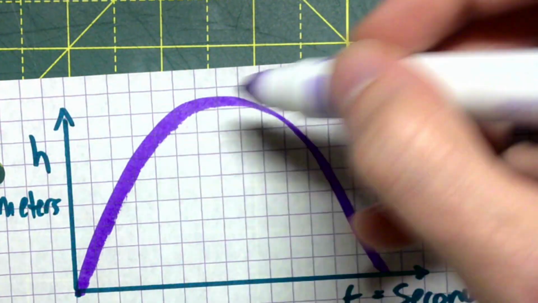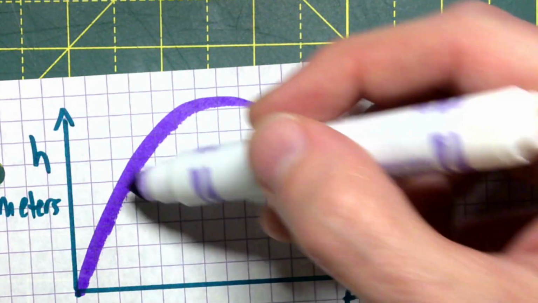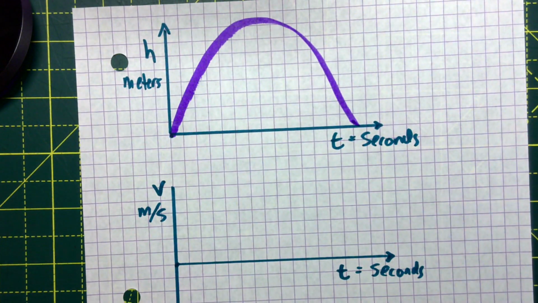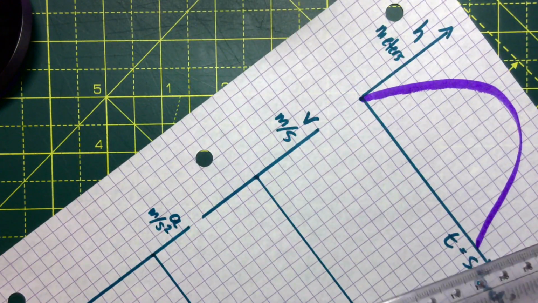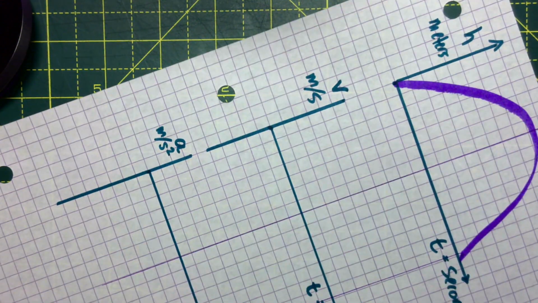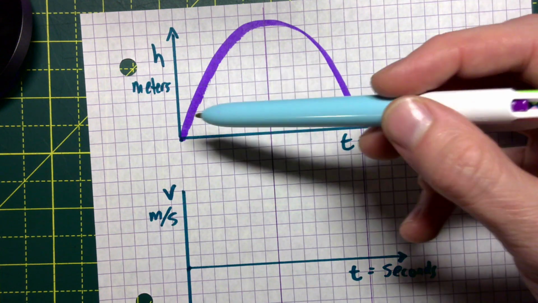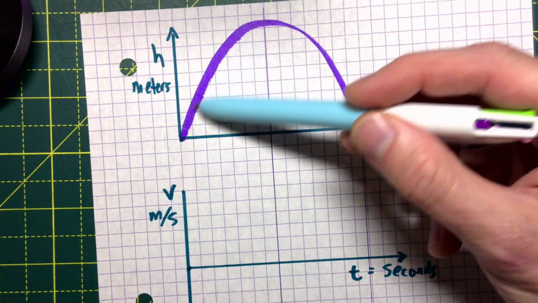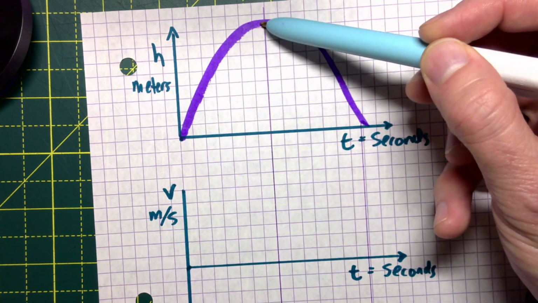Now, we are not throwing the tennis ball in a parabola. We're throwing the tennis ball straight up. So h is simply the height in meters above our hand. Now, before we continue, what I want to do is I just want to mark a couple key points. Now, if we were to try to find the slope of this position graph at any given point, you'll see that the slope is constantly changing.